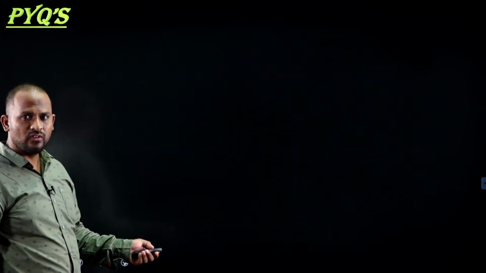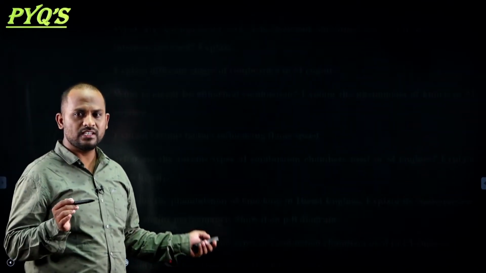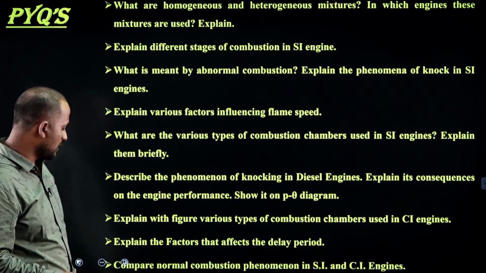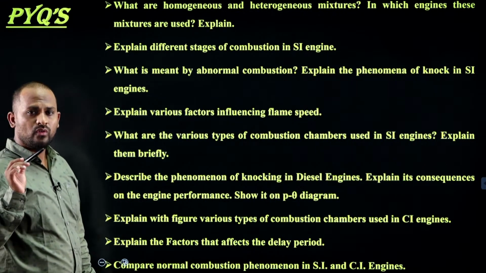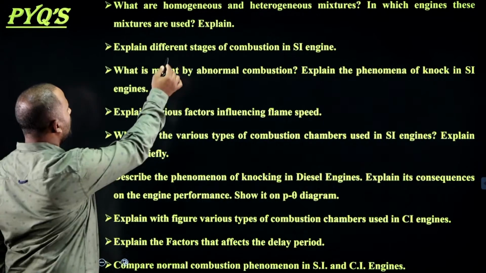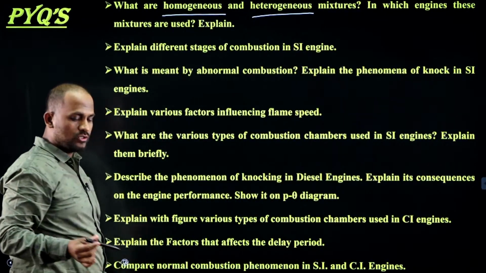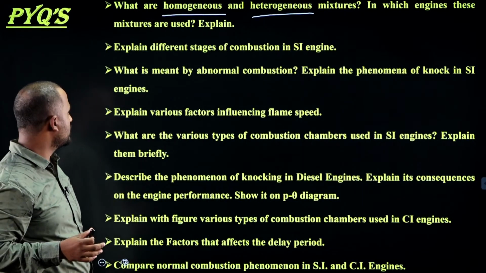Now let us see some previous years' questions asked in the university examinations. The first one was: write about the homogeneous mixture and the heterogeneous mixture, and in which engines they are used.